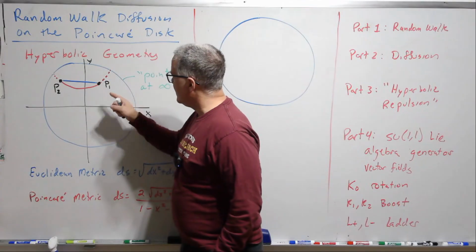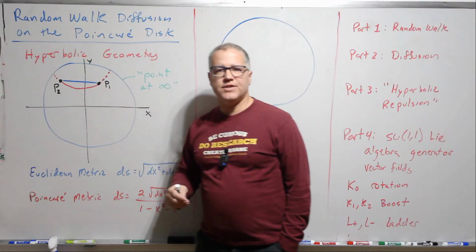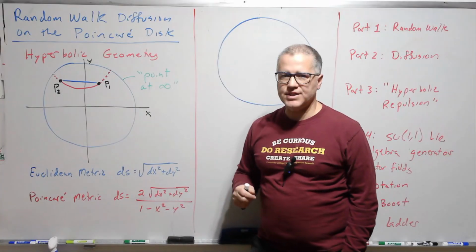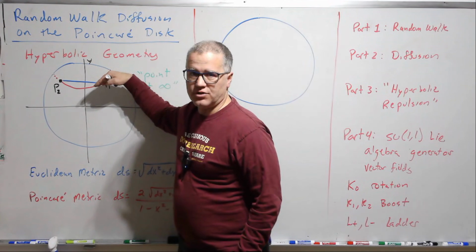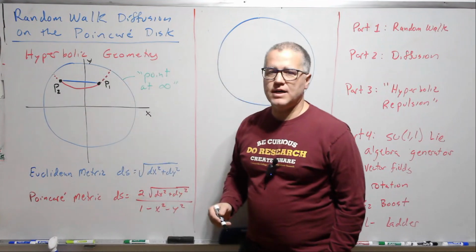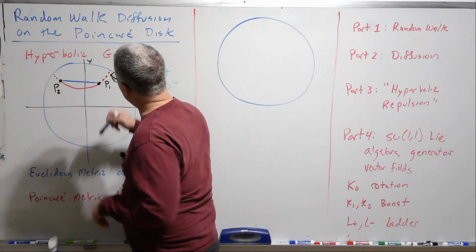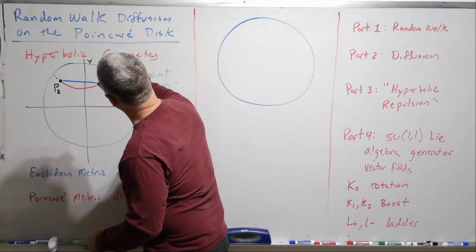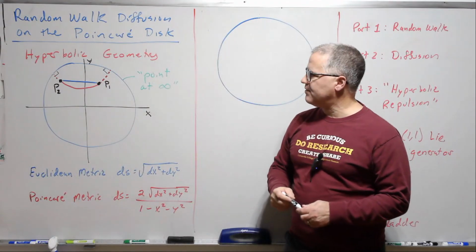Well, in hyperbolic geometry, the situation is a little bit different. The distance between 2 points is not a straight line like this. It's actually the arc of a circle. And so it's the circle that passes through both of these 2 points and intersects the unit circle at 90 degrees. So there's one and only one of those.